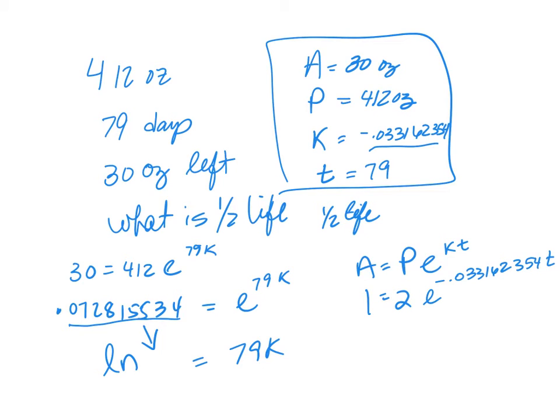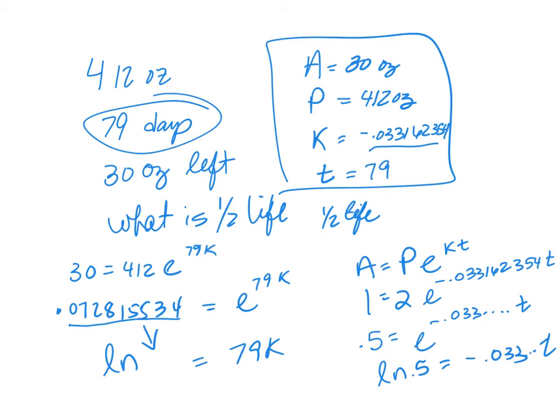When I'm finding half-life, I'm looking for the time it takes for that substance in my refrigerator that disappeared over 79 days. I want to know how long it takes for it to go from 412 to really 206, right? But I had to find k with that information and then use that k to find the half-life. You understand? So when you put that in the calculator, you get that t equals 20.9 days.